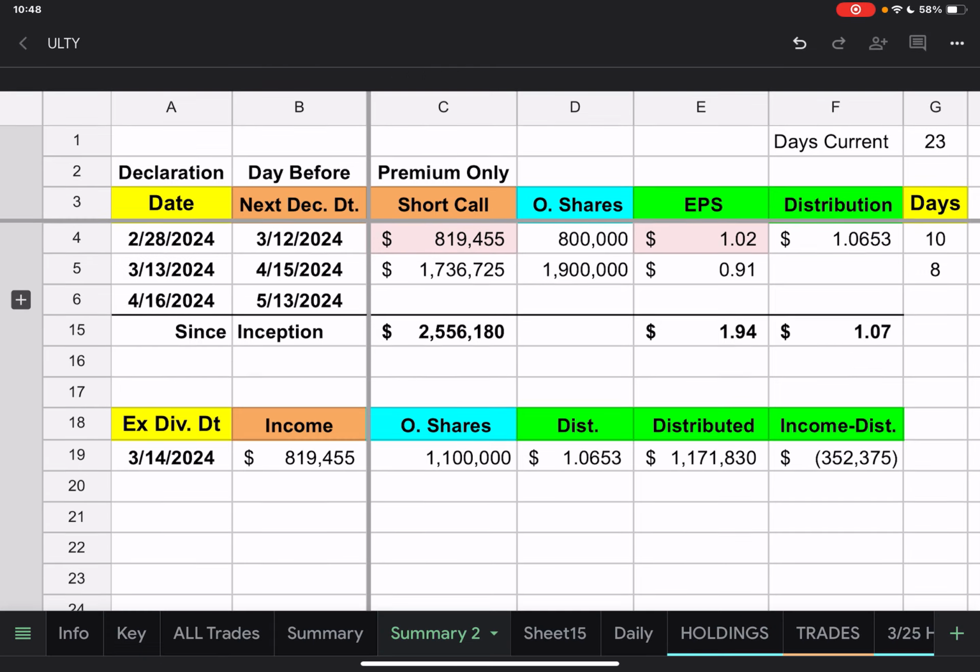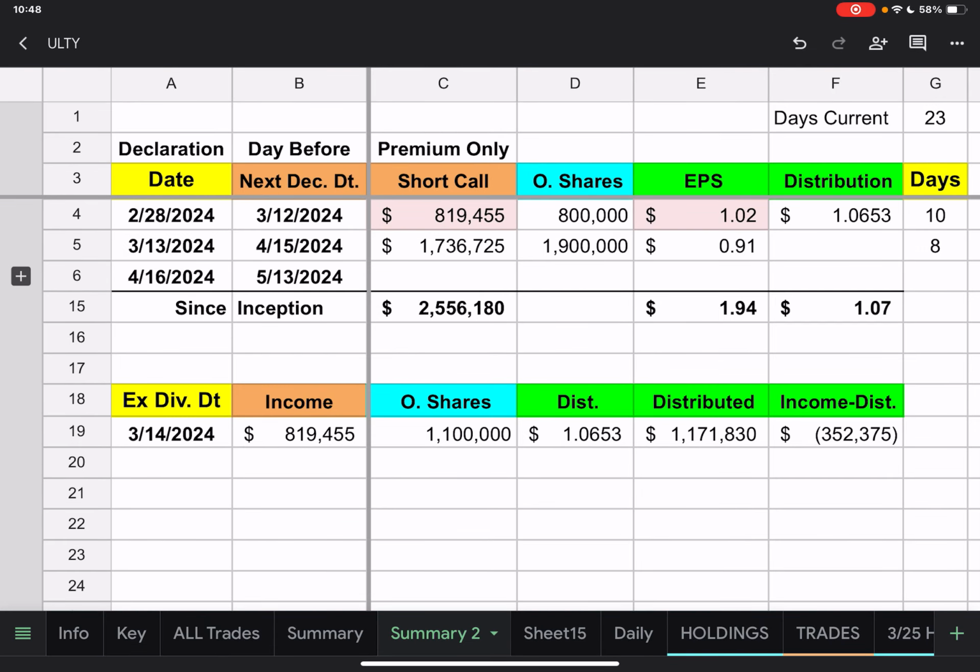Now the reason these are red, a little bit pinkish there, is because I was missing, right? We didn't have the day of trades on the 29th. So it's not the exact number. But anyway, this is what I have on my sheet as the premium for the short calls.